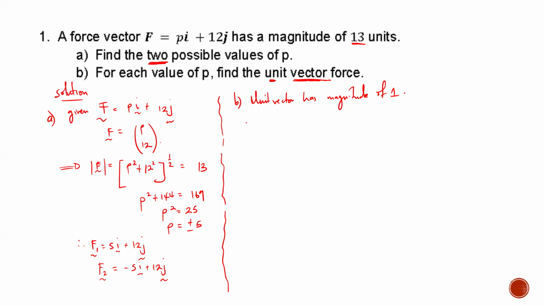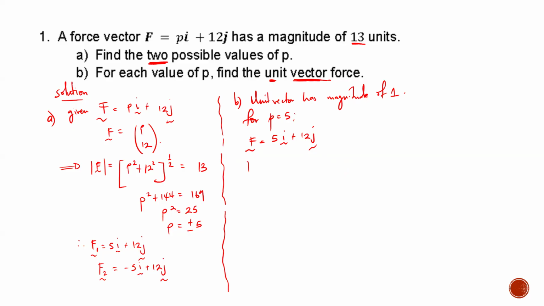So for P equals 5, we have F equal to 5i plus 12j. To find the unit vector, it's important to find the magnitude of F and then divide through the i and j components by that magnitude. If you find the magnitude of the resulting vector, it is going to be 1.